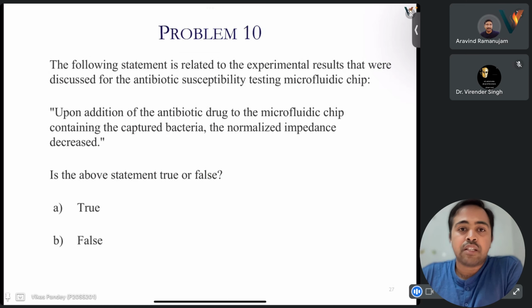Consider the following statement related to experimental results discussed for the antibiotic susceptibility testing microfluidic chip.